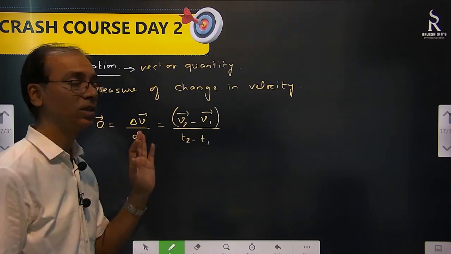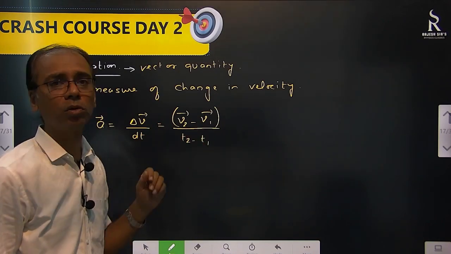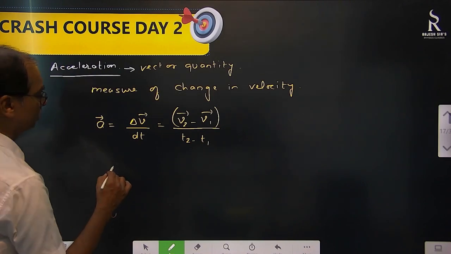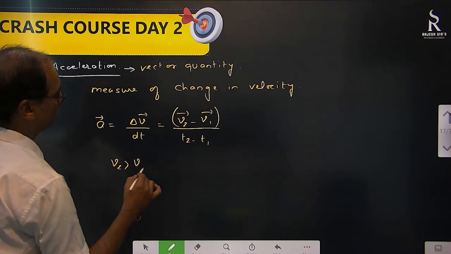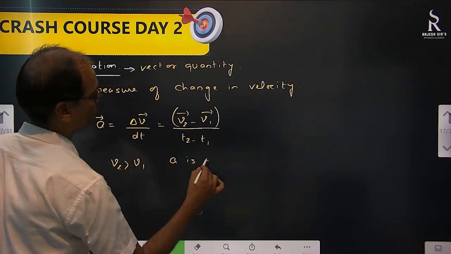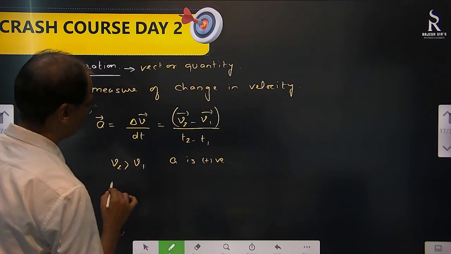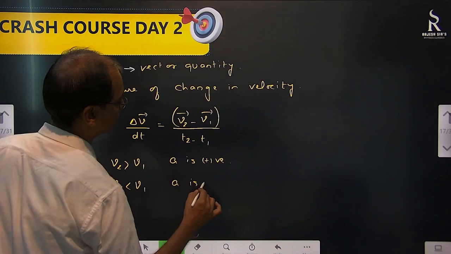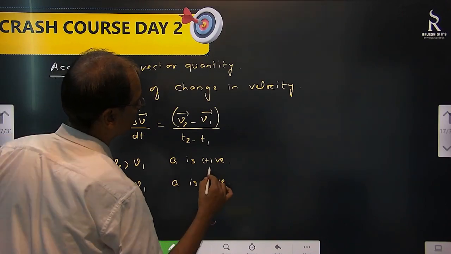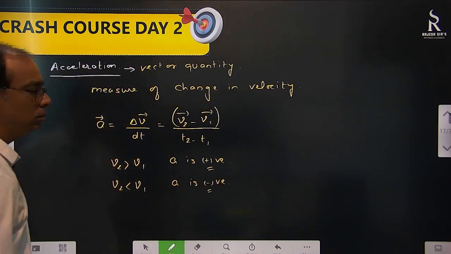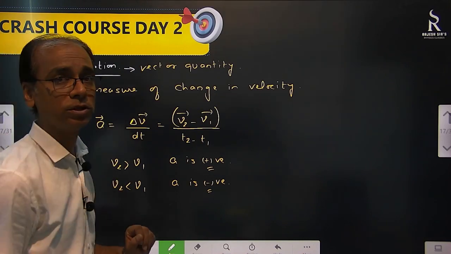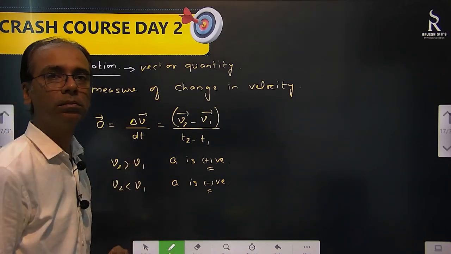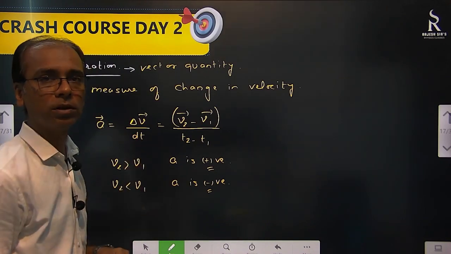If velocity is increasing, obviously V2 will be more than V1, so acceleration is positive. If V2 is less than V1, acceleration is negative. This is how acceleration is decided, not like positive x-axis positive, negative x-axis negative. It depends on the magnitude of velocity.